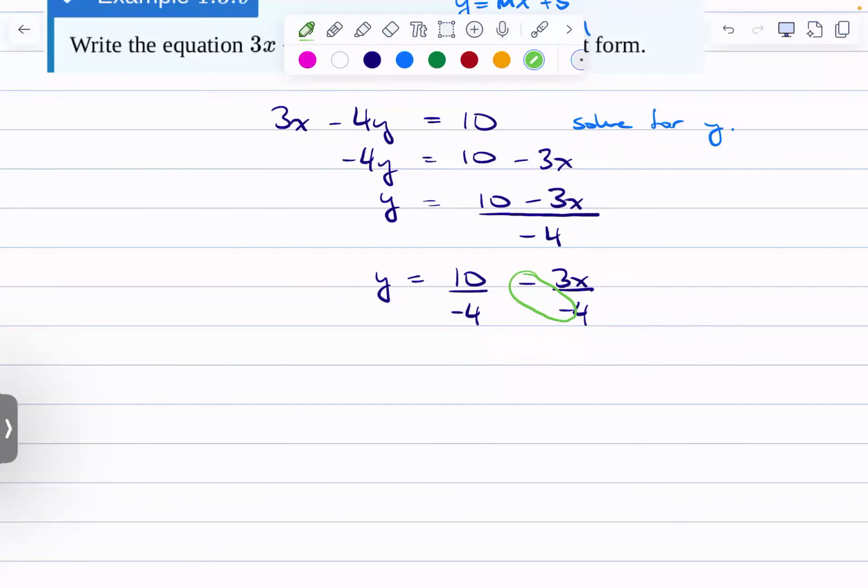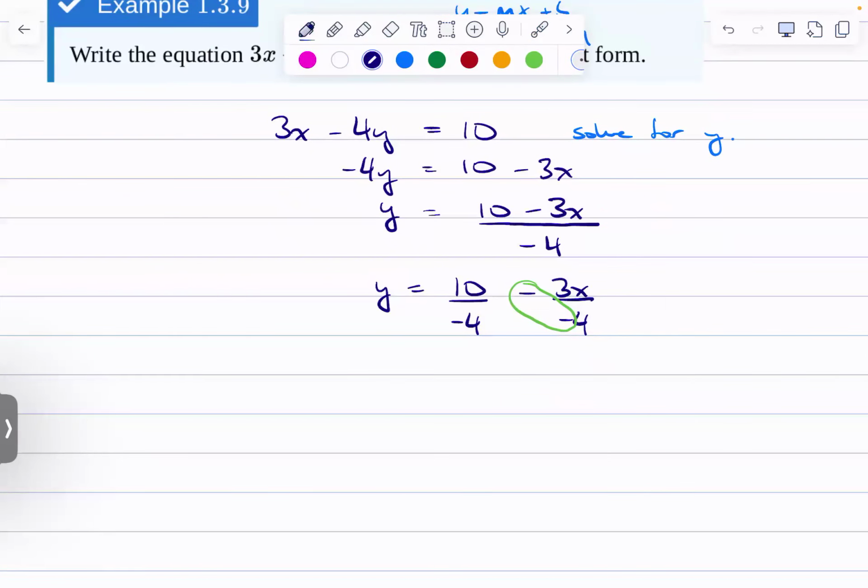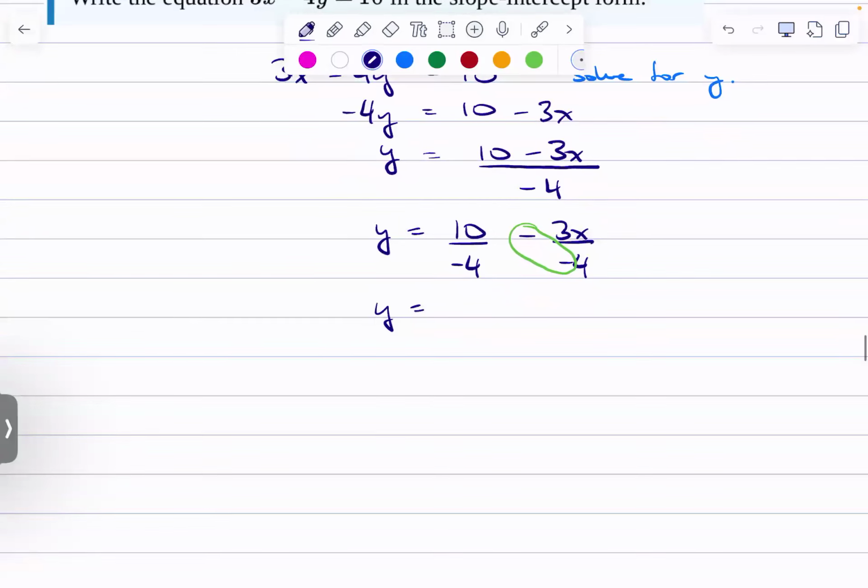I do want to simplify that because subtracting a negative makes a positive, right? But also, if my goal is y equals mx plus b, then I want to have my slope and my x first, and then my b. So what that's going to look like is like this.